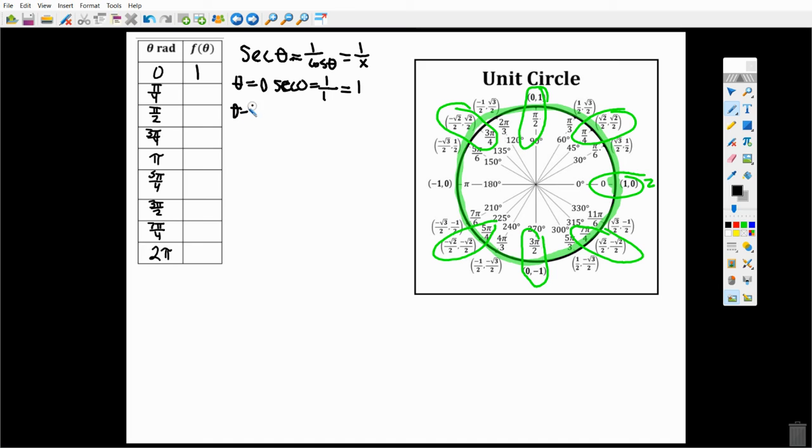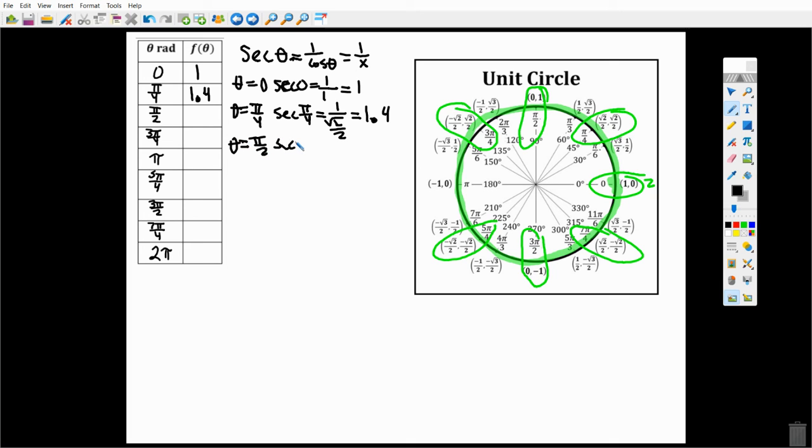At pi over 4, secant of pi over 4 is going to be 1 over x. Pi over 4 is radical 2 over 2, and if you take 1 divided by radical 2 over 2, you end up with 1.4. So this is 1.4.